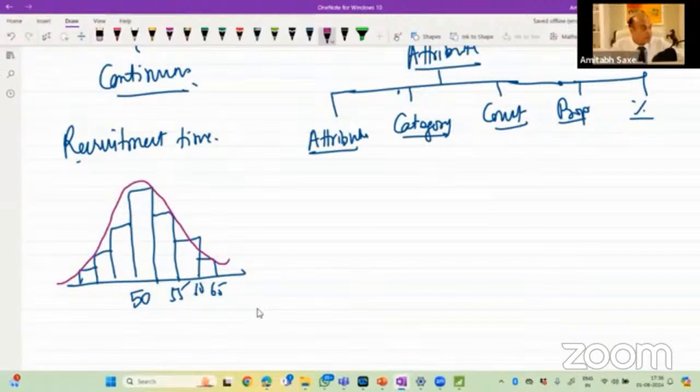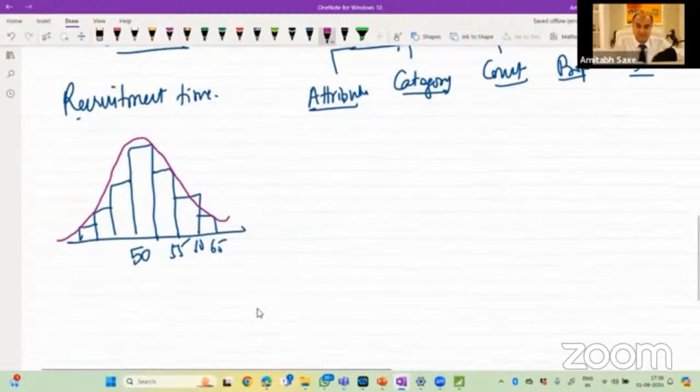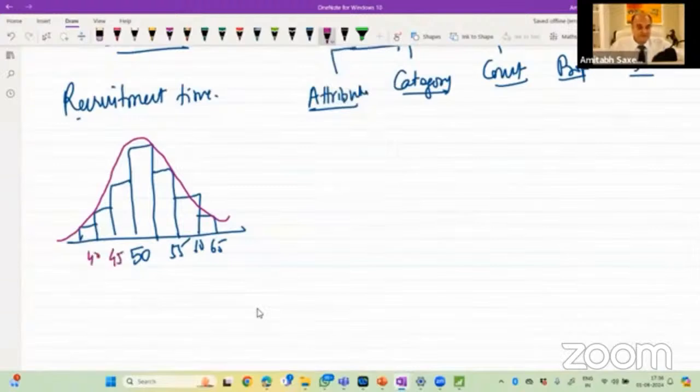If you take your time of travel from your office to home every day, it is normally distributed. So here 45, 40 and 35, just to complete.